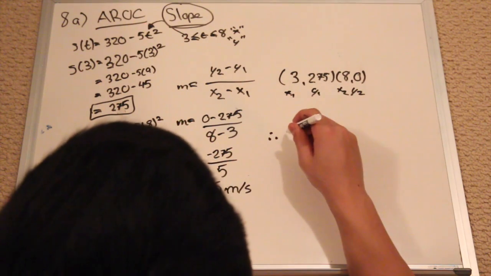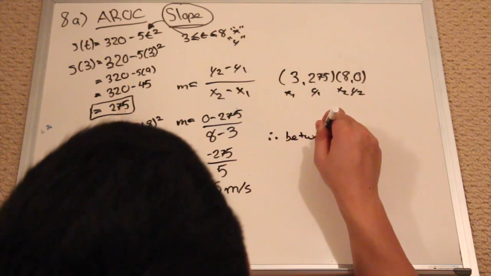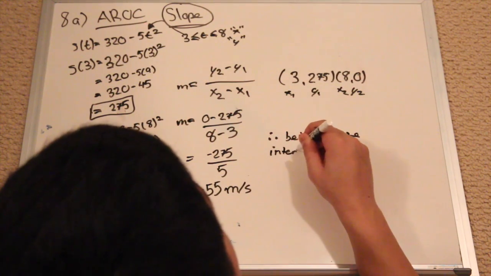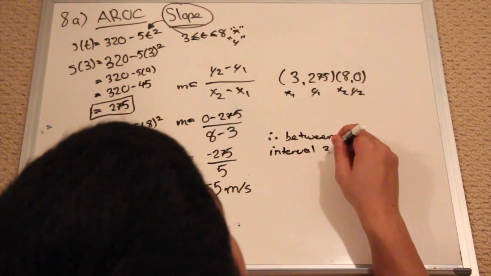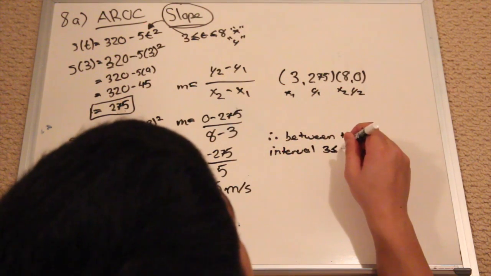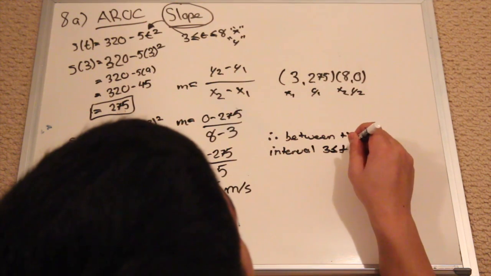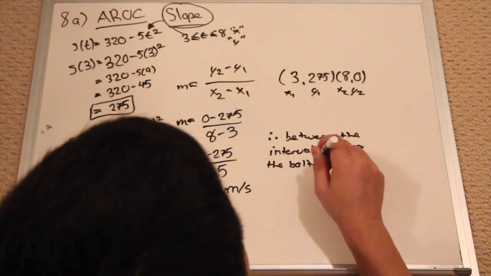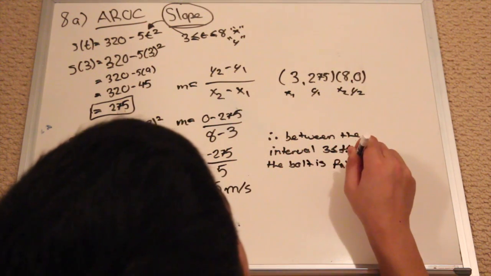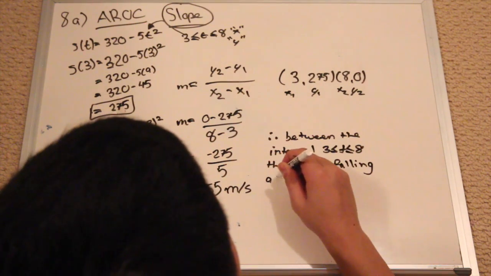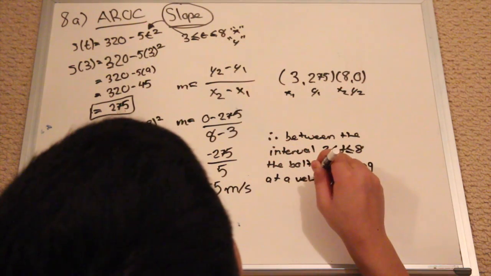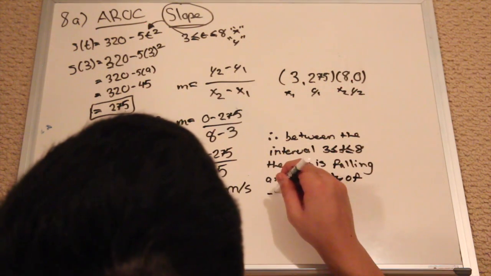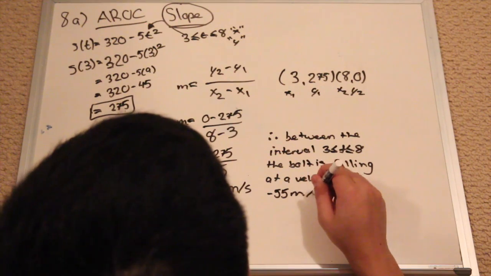So therefore, between the interval of 3, t must be greater than 3 but less than 8, the bolt is falling at a velocity of negative 55 meters per second.